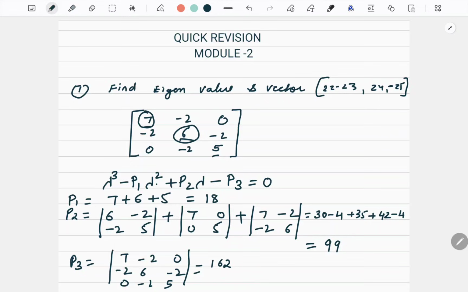Then I have to find its determinant. So I'll do the matrix calculation and then pick up the determinant. That's 162, I got it correct.